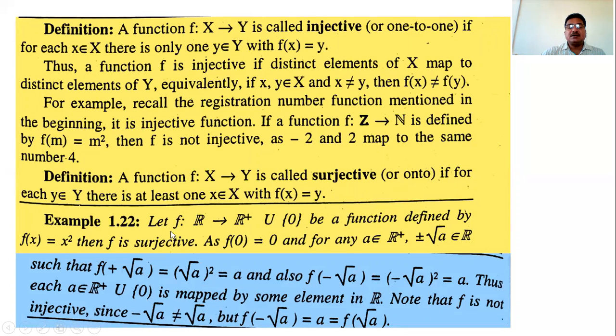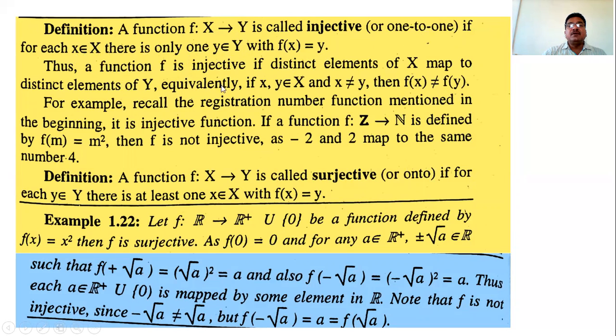Then the next type of function is what? Injective function, that is one-one function, and surjective function, that is onto function. When we say the function is injective, the function f from x to y is called injective or one-one if for each x in X there is only one y in Y such that f(x) is equal to y.